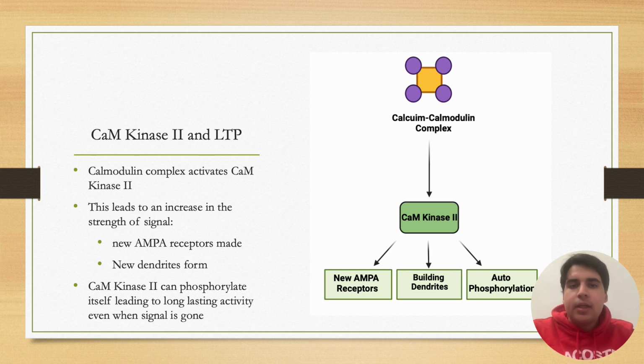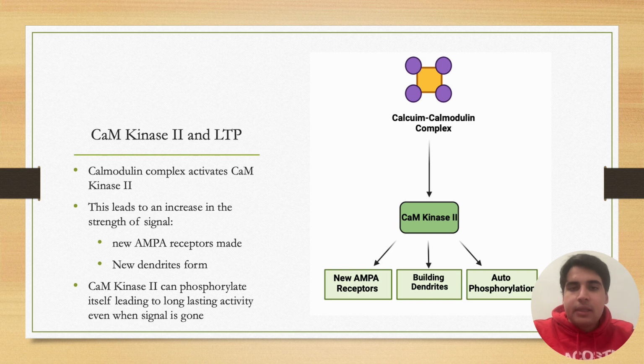But also, CaM kinase 2 is involved in upregulating genes for building new dendrites. And another very key aspect of CaM kinase 2 is the fact that it can autophosphorylate.